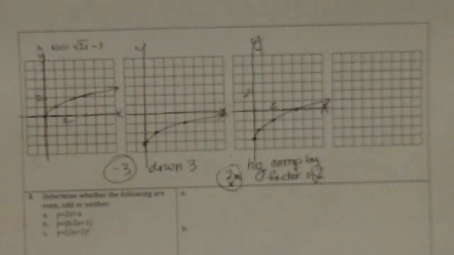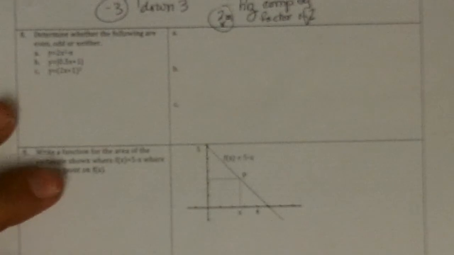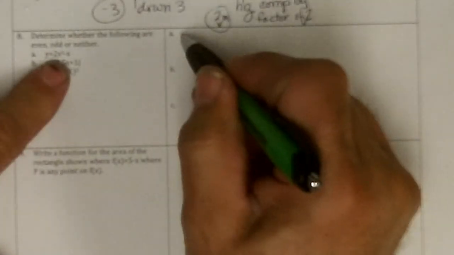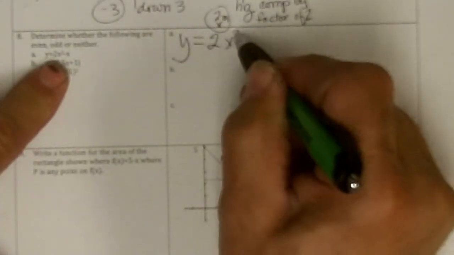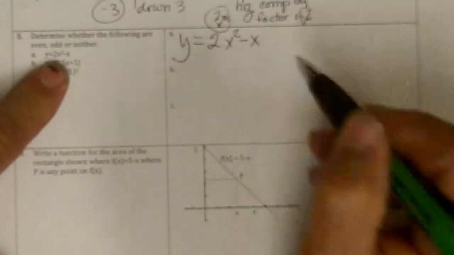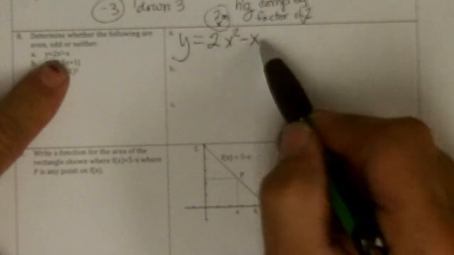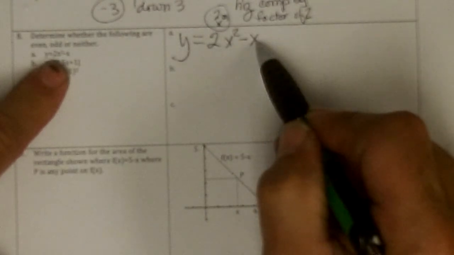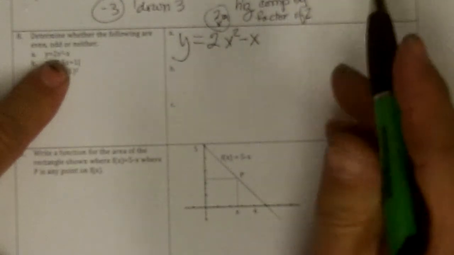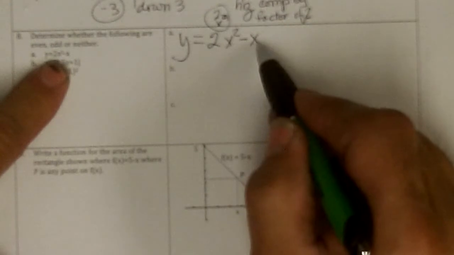Now 8. Determine whether the following are odd, even, or neither. So a is y equals 2x squared minus x. Well, the squared's making me think even, that making me think odd, so I'm thinking neither. All I have to do is prove that I don't get the same or opposite values for opposite x's.